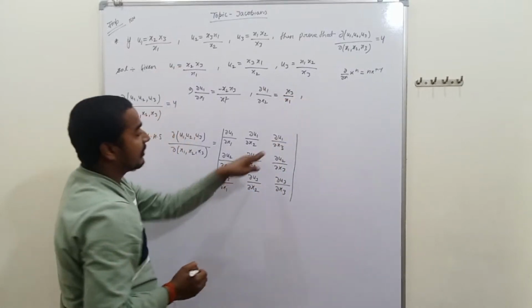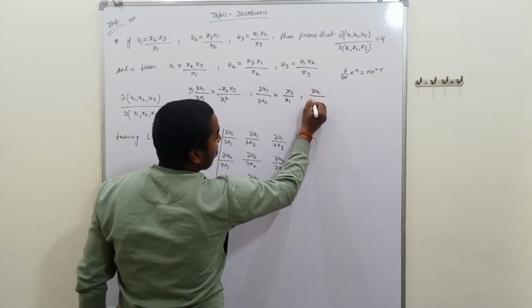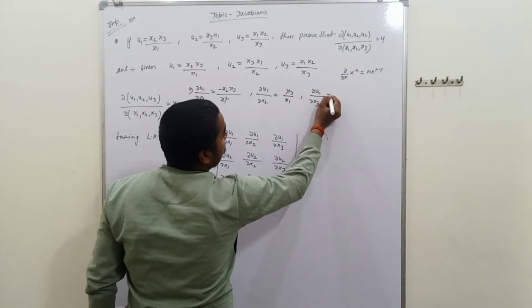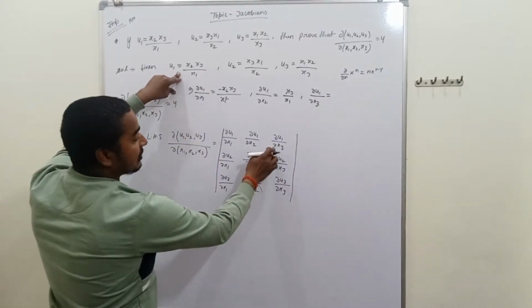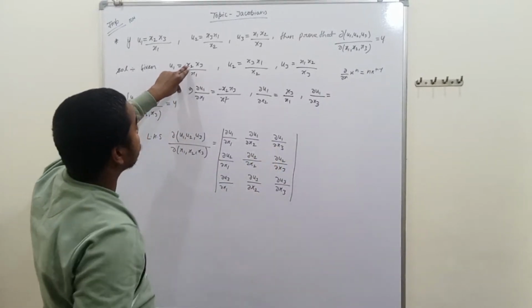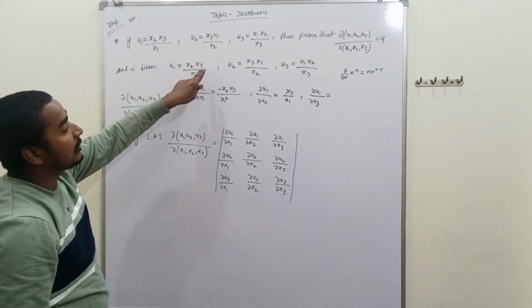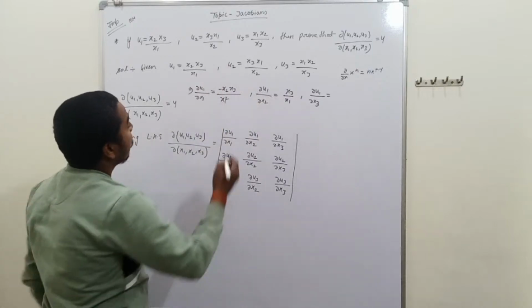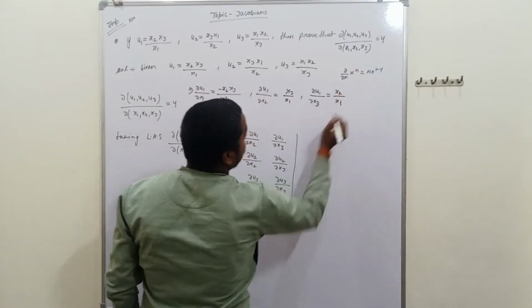Further we find del u1 upon del x3, again differentiating u1 with respect to x3 partially, taking x2 and x1 as constant, differentiating x3 with respect to x3 is 1, and the remaining is x2 upon x1.